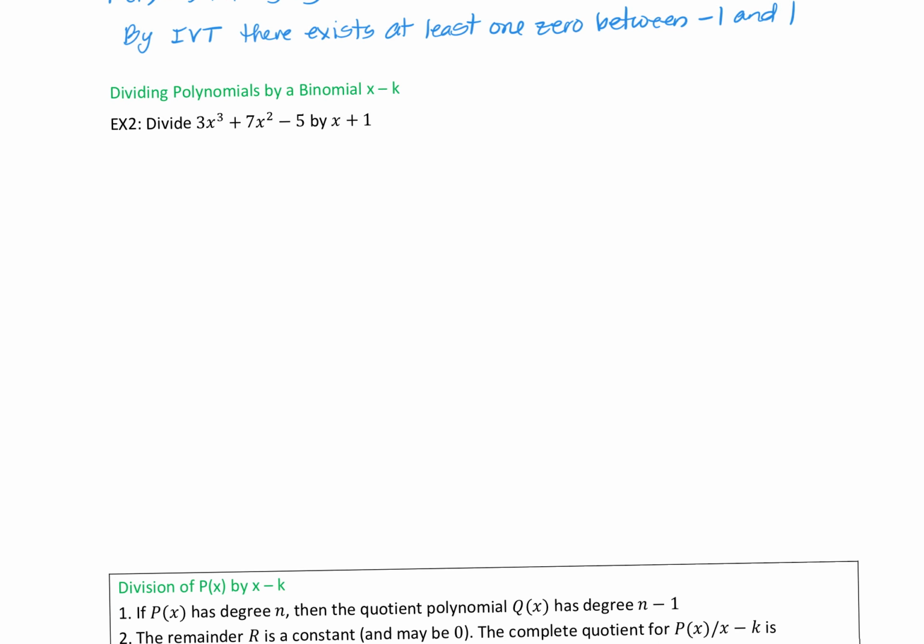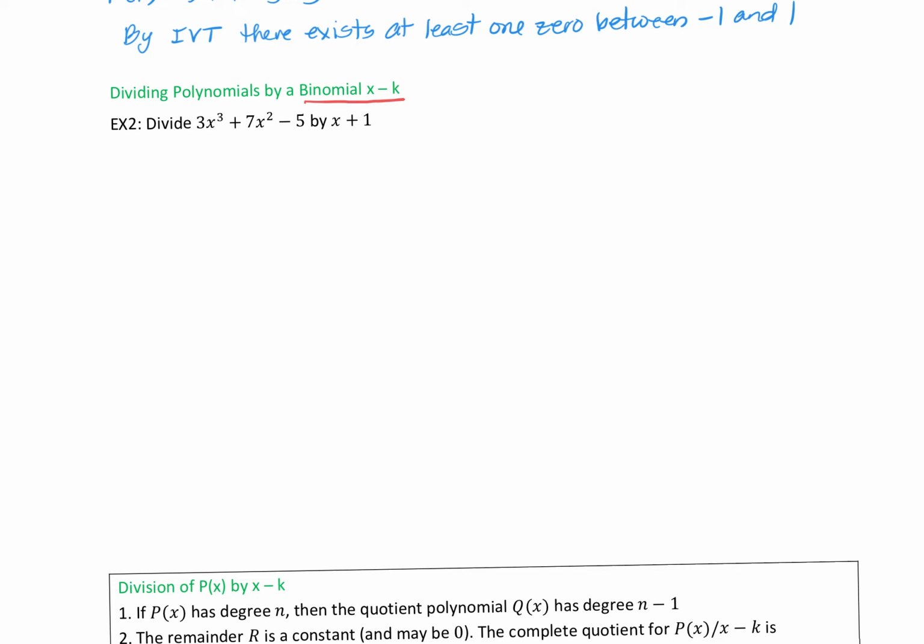So moving beyond the IVT, we're going to expand more on the zeros, and we're going to work our way to finding the zeros of a polynomial. The first step is this special case where we are going to be dividing by a binomial of the form x minus k. So x minus some number. In example 2, it says to divide 3x to the third plus 7x squared minus 5 by x plus 1.